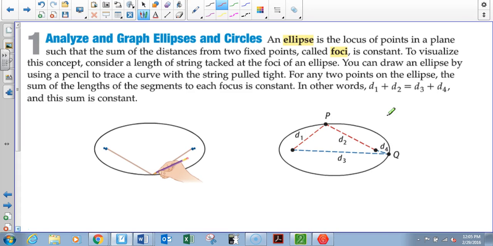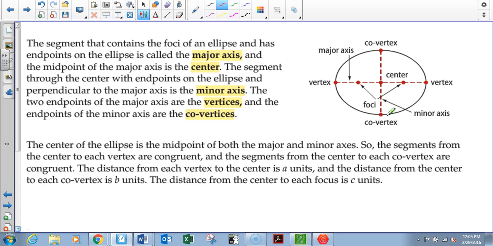Alright, as we demonstrated, this ellipse is all the points where the sum of the distance from each focal point is congruent. Now, this picture isn't my favorite because it's hard to tell which way it's going, but if we have something stretched out this way, it has a center point.